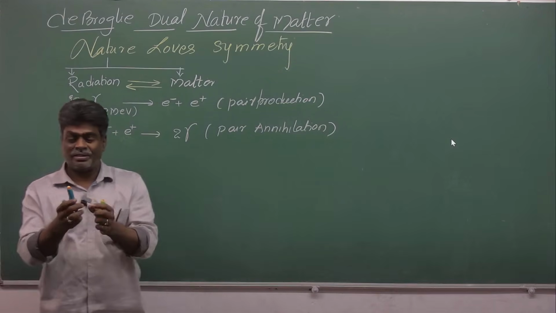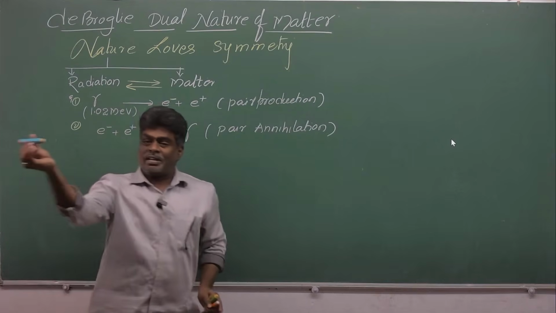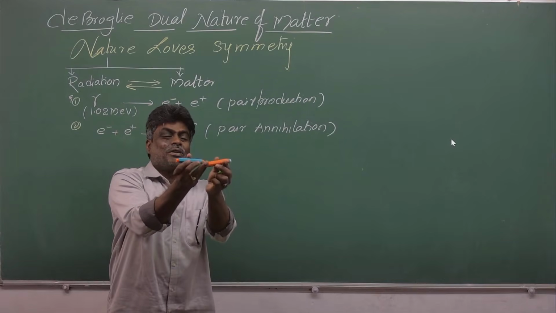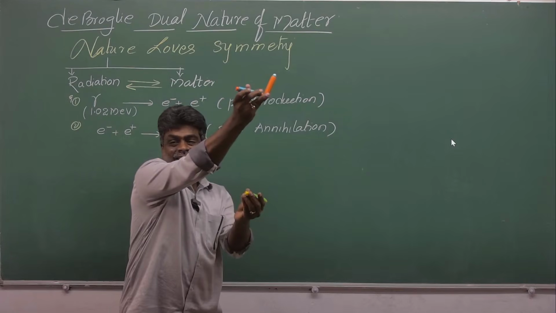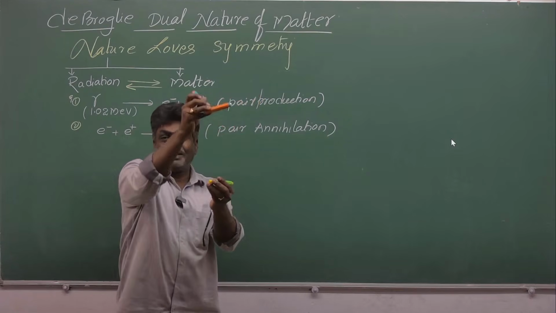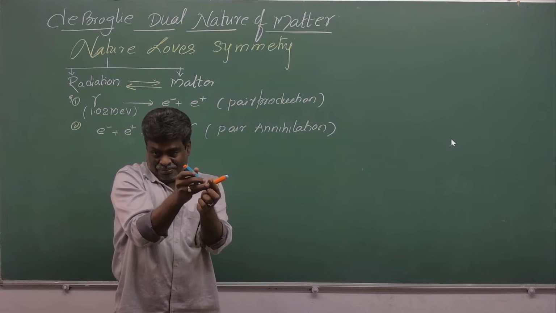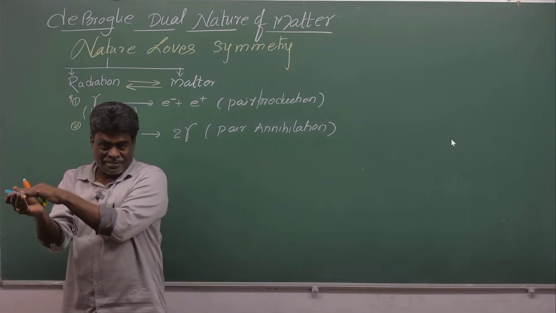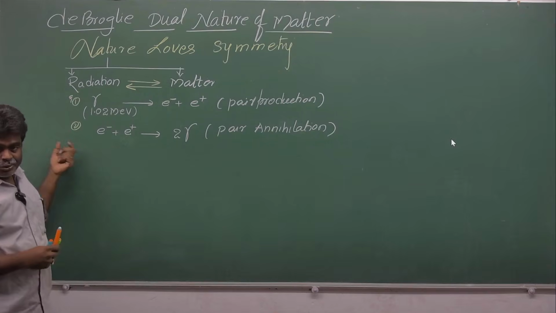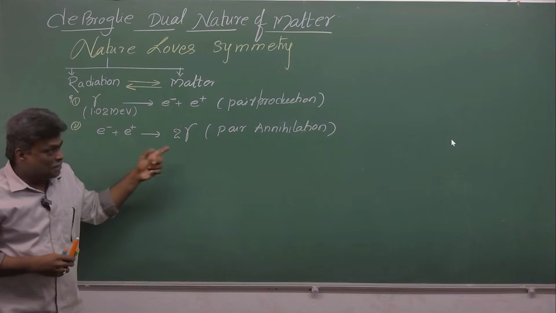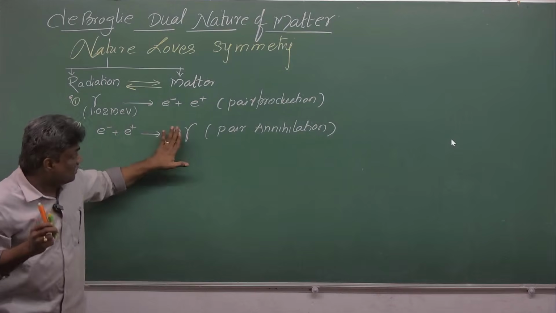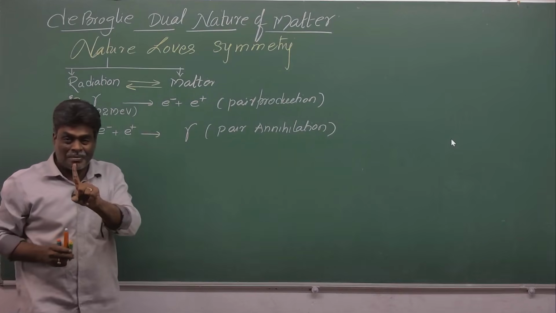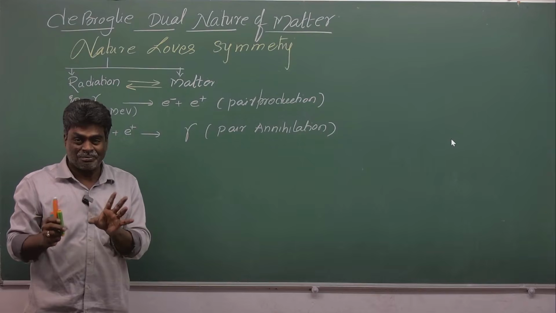Actually, I will tell you. If this is the particle coming, now you got the two particles here, such that the resultant momentum of these two is balanced with this. But here, two particles are coming, and if 2 is not there, the resultant is one particle. That is not possible.